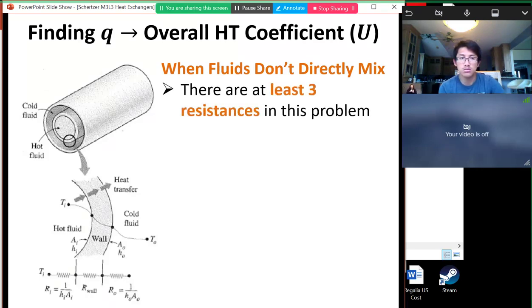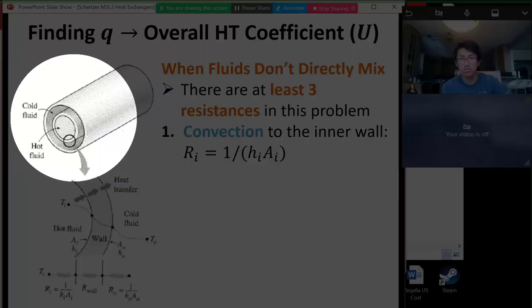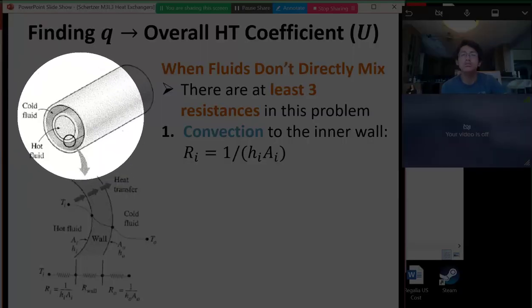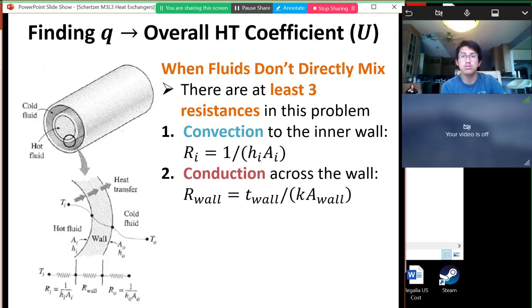So if we were trying to do this problem in Module 1, we would have said, okay, let's draw out a resistance diagram, right? And in this case, there's at least 3 resistances in the problem. There's a resistance from convection for our hot fluid to go to the thin wall. So that's the resistance on the inside. There's resistance as we pass through the wall.